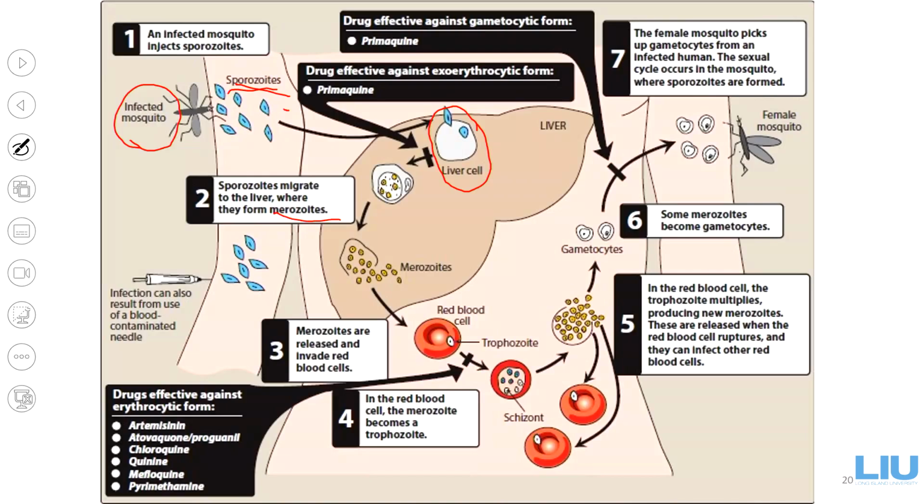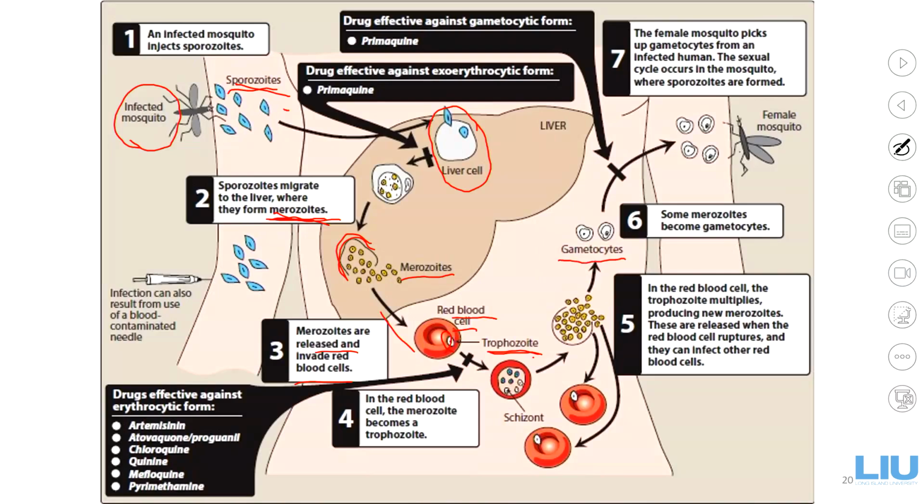After they migrate to the liver and infect the hepatocyte, they convert into merozoites, and as they multiply, the hepatocyte bursts, and those merozoites are released into the blood circulation and infect the red blood cells. Inside the red blood cells, they are converted into trophozoites. Trophozoites then multiply and cause the red blood cell to burst, and they give something called gametocytes.